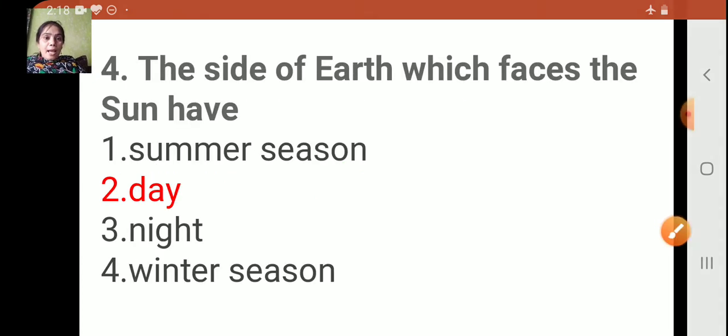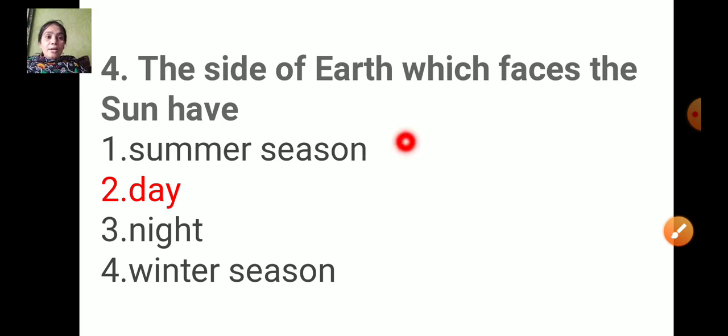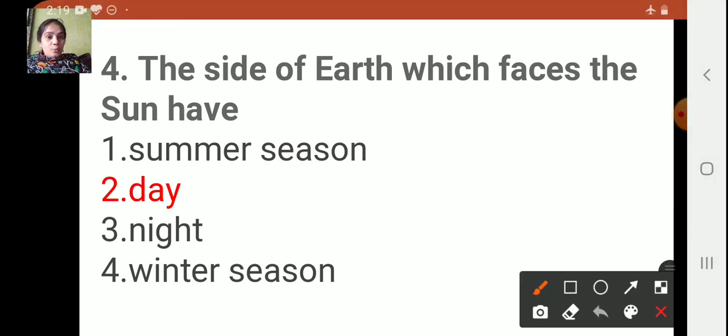And the next one is the side of the earth which faces the sun. What does it have? Summer season, day, night, or winter season? Yes, now we know it is daytime. The part which faces the sun has daytime, and the other part has night.